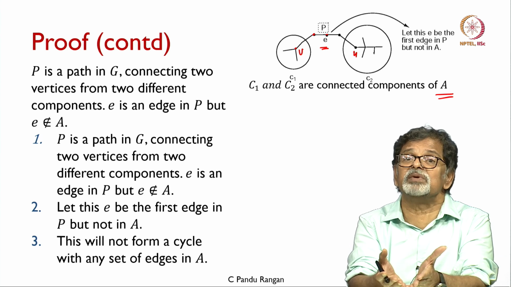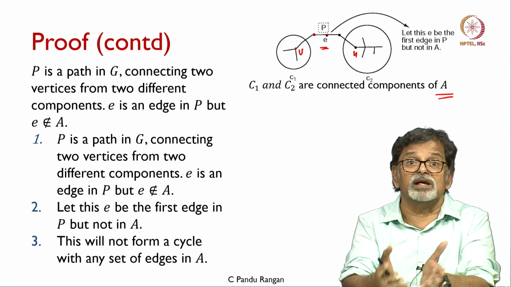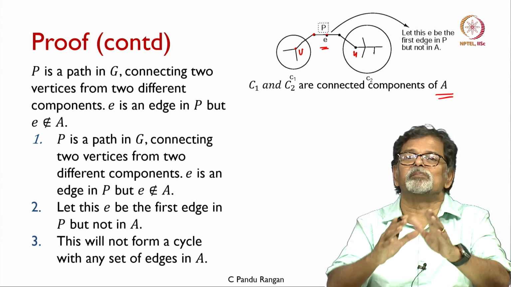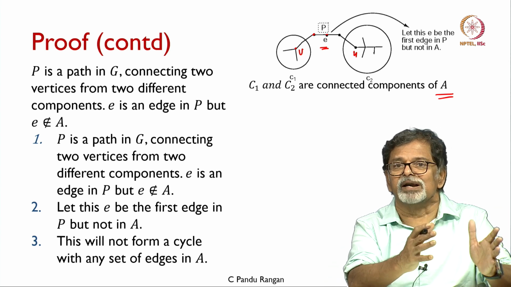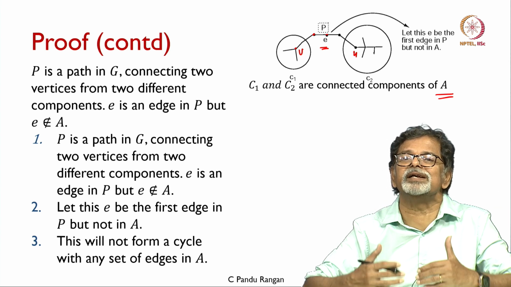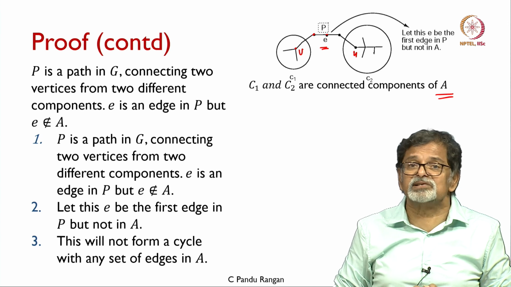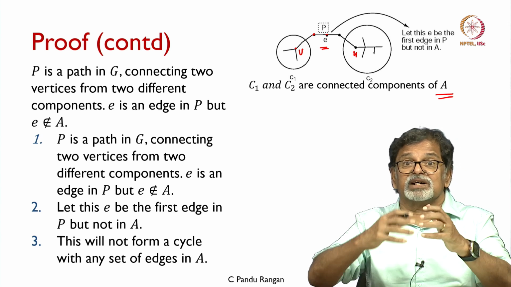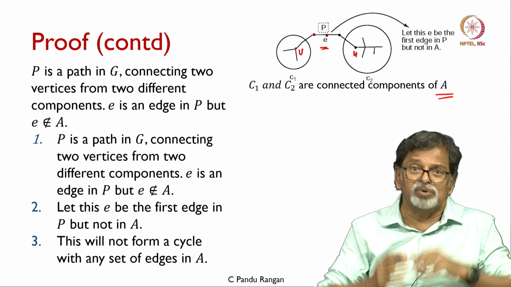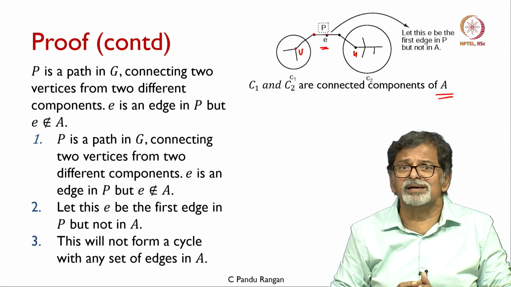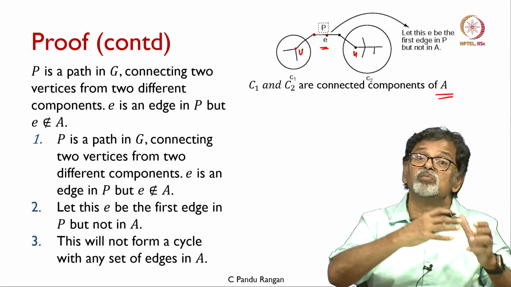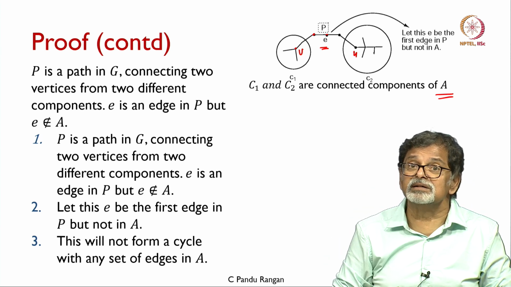E is not forming a cycle even with full A, so it is not going to form a cycle with the part of A that was developed up to that point. So the algorithm would have included E.